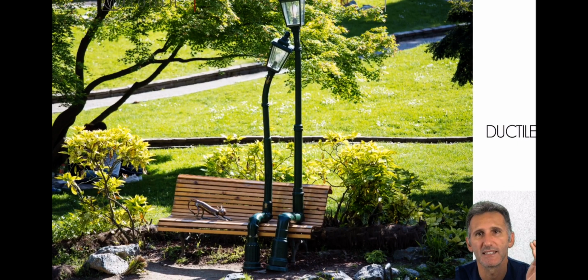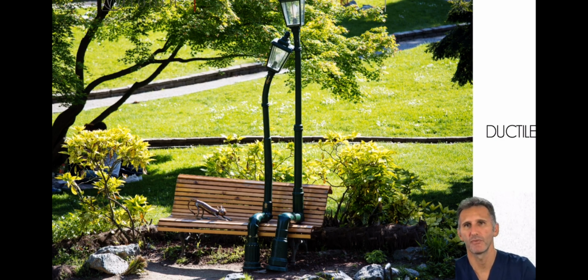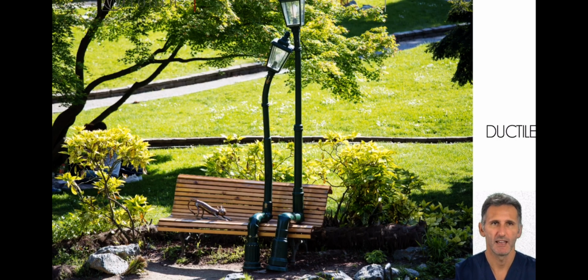Ductile materials are like steel. A ductile material under load starts to deform before cracking and fracturing. So we have a body that starts to deform, and just after a certain amount of deformation, we have a crack, and after that a fracture, the catastrophic failure.